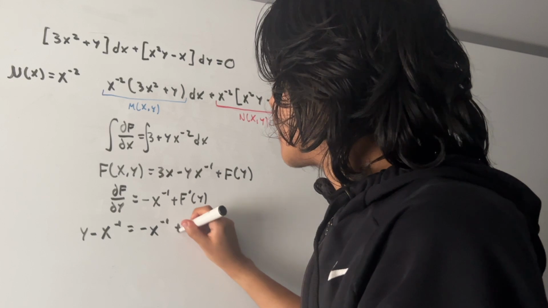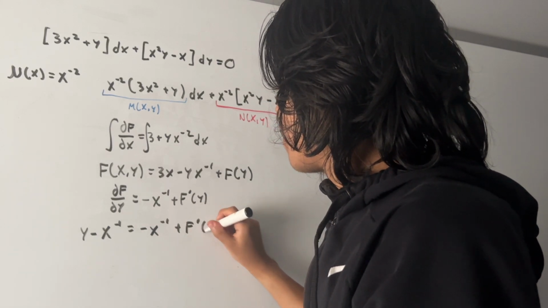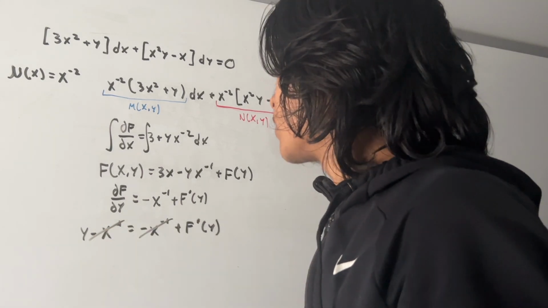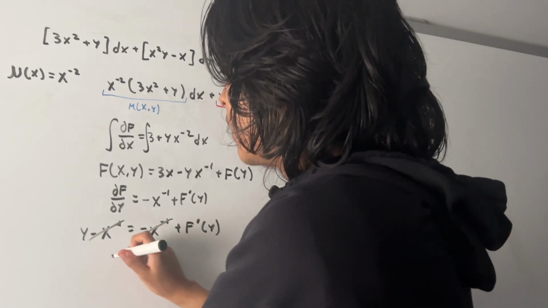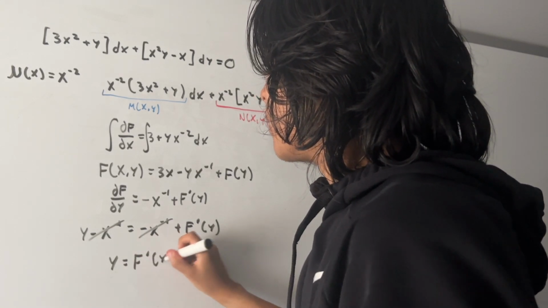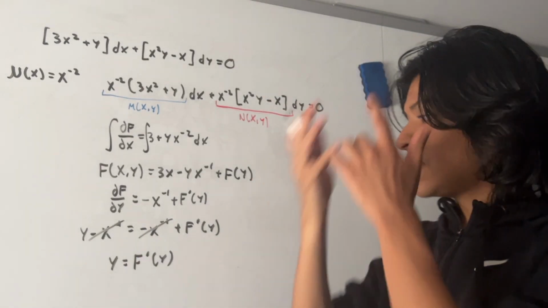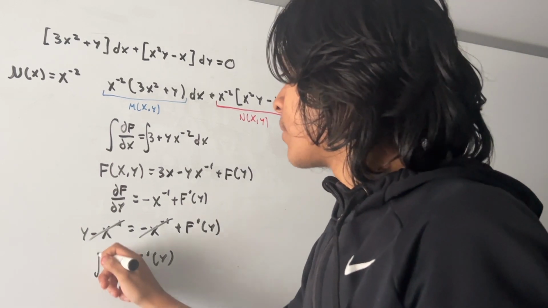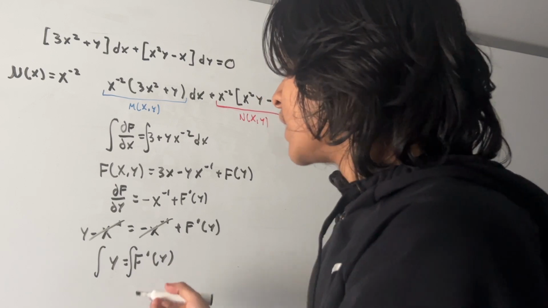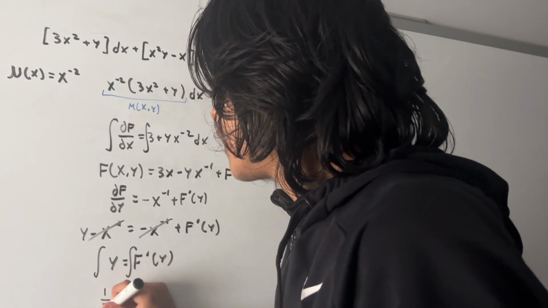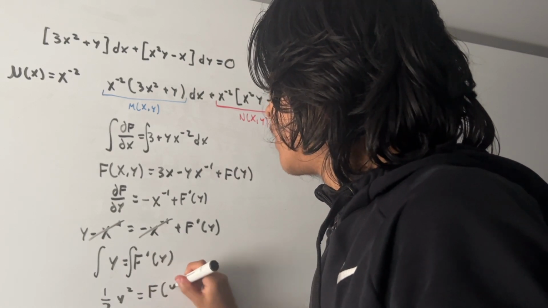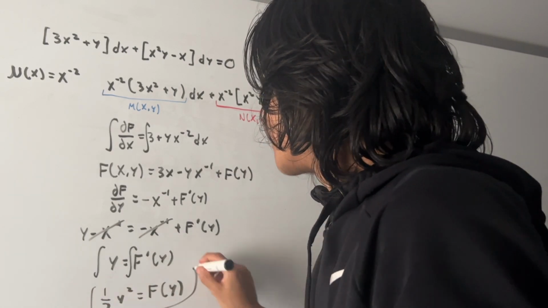So now we have that. These x terms cancel out, so we're just left with y is equal to f prime of y. So now we could just integrate this. And now on the left side, we're just left with 1/2 y squared is equal to f of y.